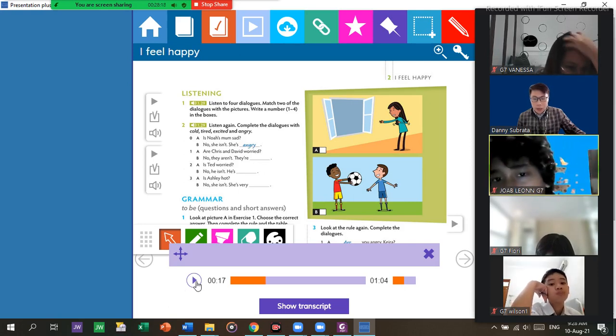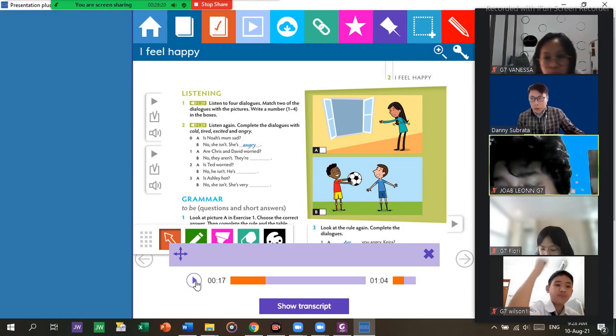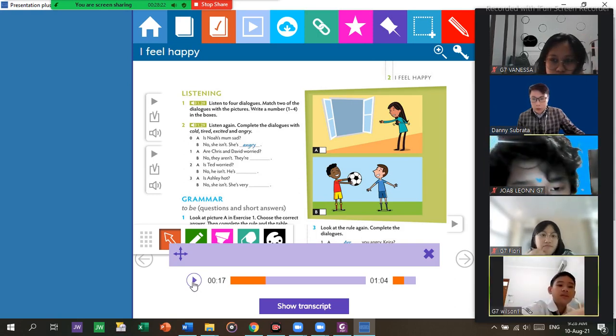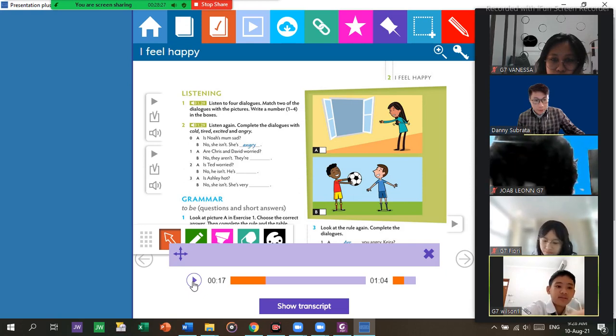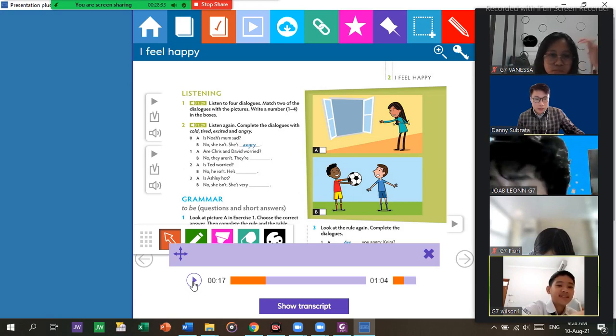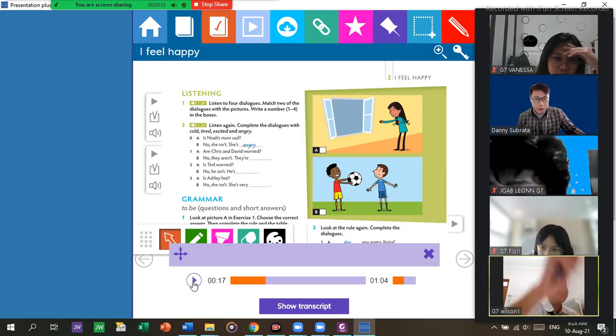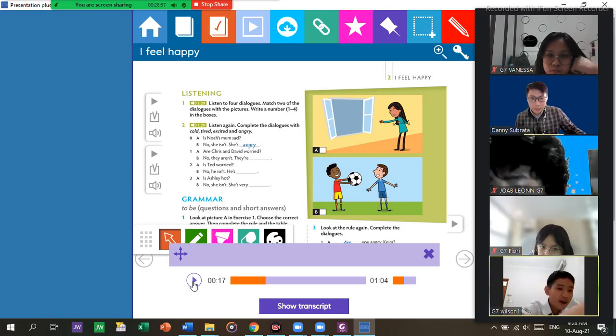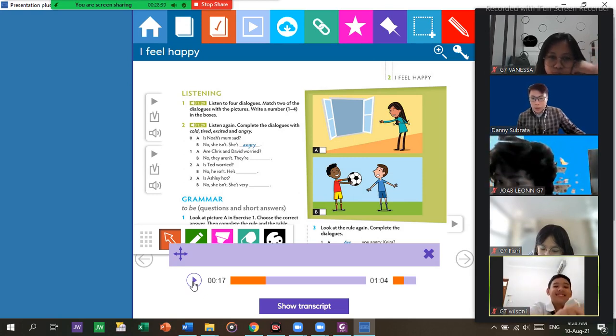Wait a minute. Okay, it's okay if you're finished. We're going to do it all together. So let's move on to number 1. Tak tulis di buku paket boleh. What is it, Wilson? Jawabannya tak tulis di buku paket. No, please write it down in another paper. Notebook. Yeah, in the notebook. Okay, let's move on to number 1.